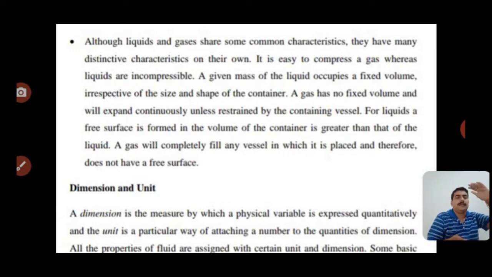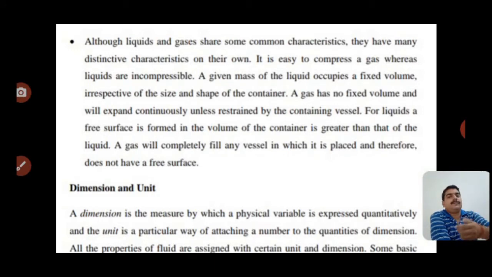But if we take 10 liters of water in a bucket and try to fill it in a small cylinder, we cannot, because the liquid is incompressible. That is a very important basic property of liquid: it is incompressible.